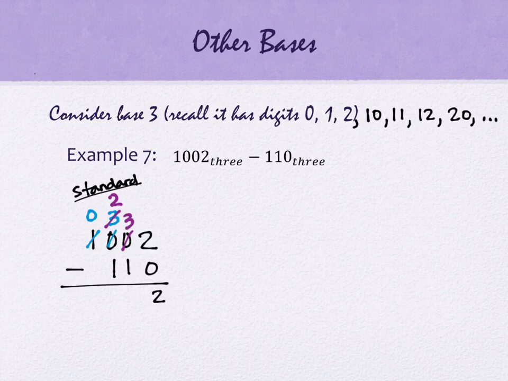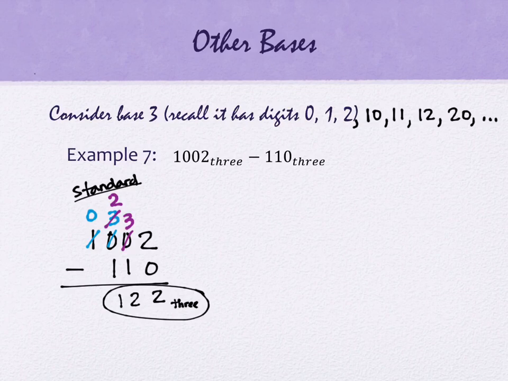Just like in our system, we borrow 10s because we're in base 10. Here, we're borrowing 3s because we're in base 3. At this point, we're able to subtract. 3 minus 1 is 2, and then 2 minus 1 is 1. And this is base 3. Please remember, and I've mentioned it before, but please remember if you have a base other than 10, you must write it. The assumption is you're in base 10 if there's no written base value beside it.